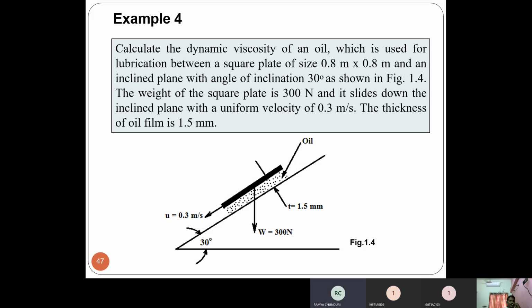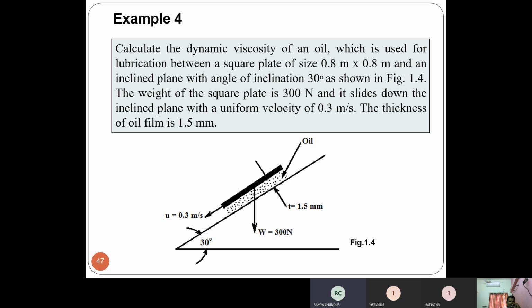The weight of the square plate is 300 newtons and it slides down the inclined plane with uniform velocity of 0.3 meters per second. The thickness of the oil film is 1.5 mm. So we are asked to calculate the dynamic viscosity of the fluid.